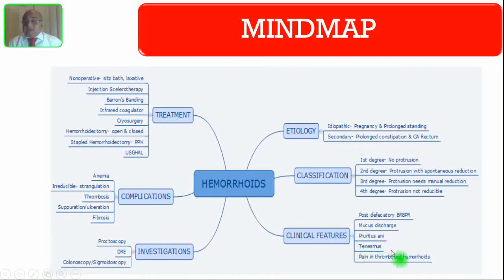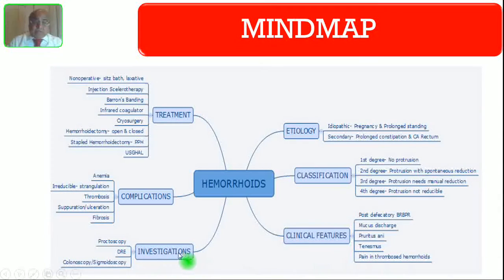Patient may also have tenesmus, or inadequate sensation of evacuation of the rectum. Pain may be there if the hemorrhoids become thrombosed, especially in external thrombosed hemorrhoids.